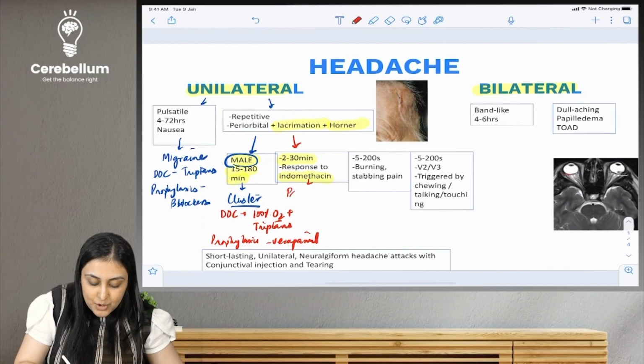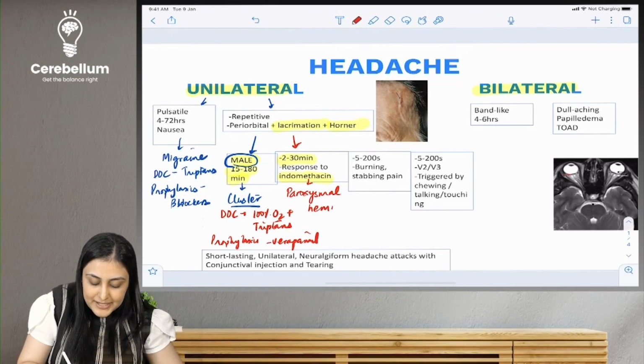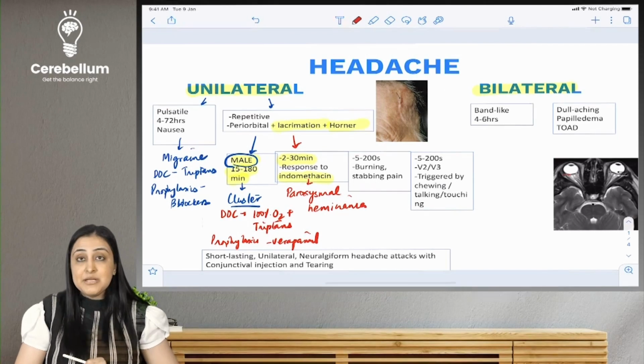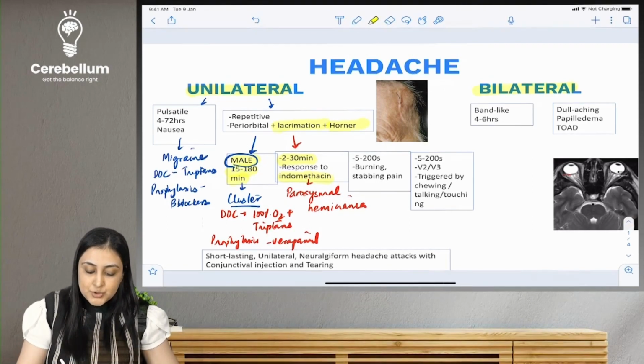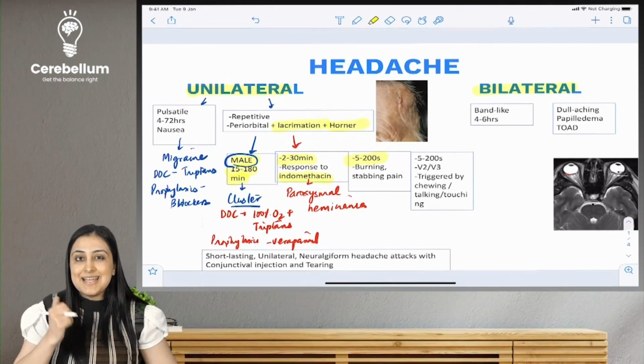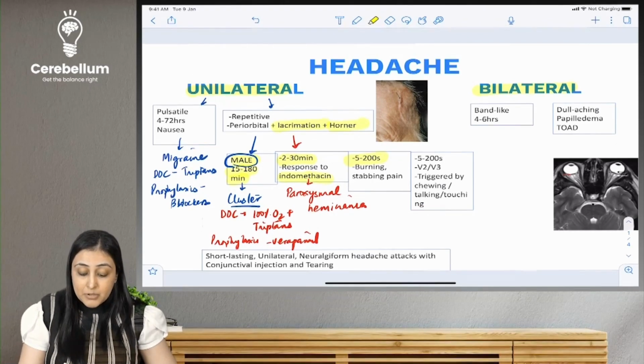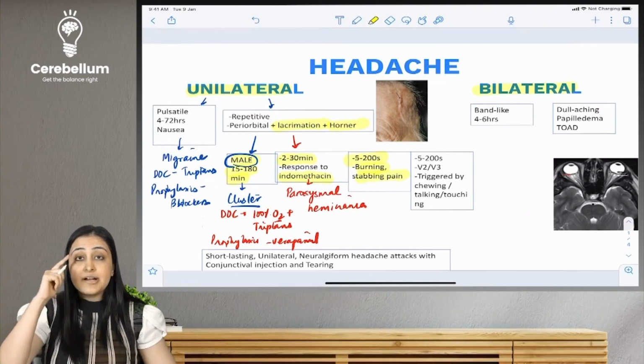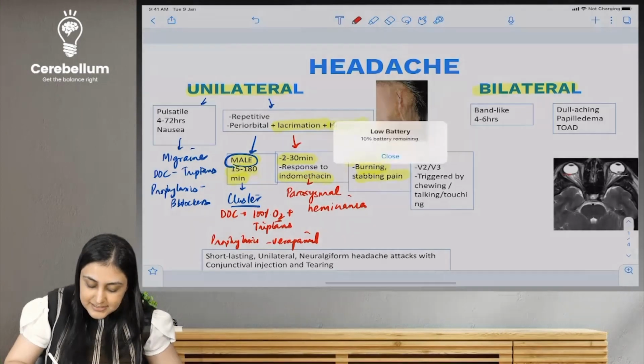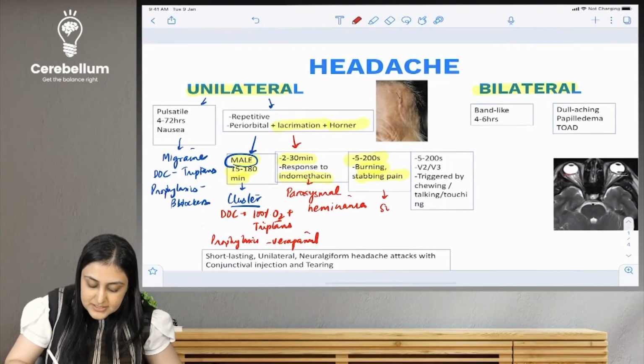This is paroxysmal hemicrania. If the duration goes even shorter, for seconds, with spasmodic, burning, stabbing sort of pain around the eye, this is an entity called SUNCT.